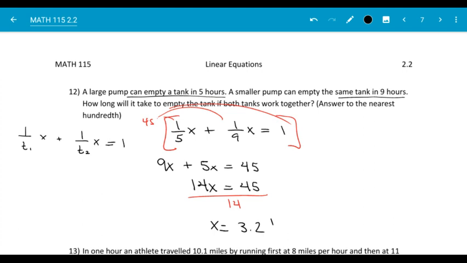And that is measured in hours. That is how long it takes them if they work together. Now, does that answer seem reasonable? Well, the big pump could do it in 5 hours all by itself, so we better get an answer that's less than 5 if they bring in another pump to help, right? And 3.2 is less than 5. It seems reasonable that that would be our answer as we're looking at example 12.